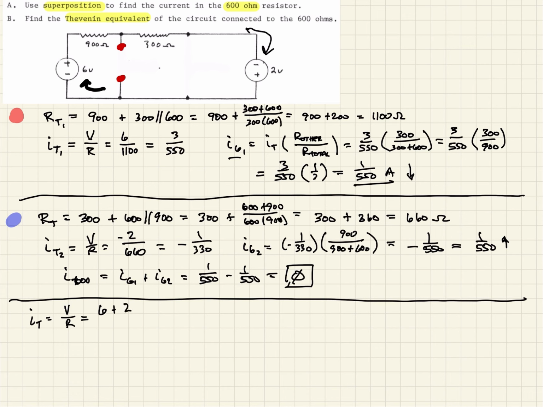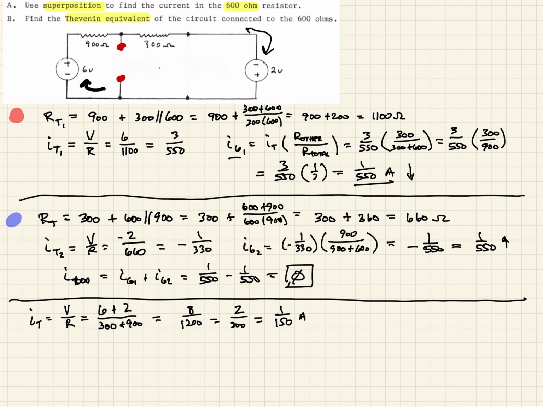So 6 plus 2, over the total resistance, which is 300 plus 900. When we calculate that out, that's 8 over 1200. We can divide a 4 out of those, so that's 2 over 300, or 1 over 150 amps.